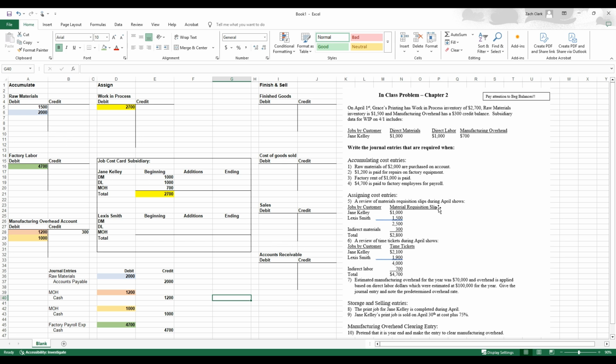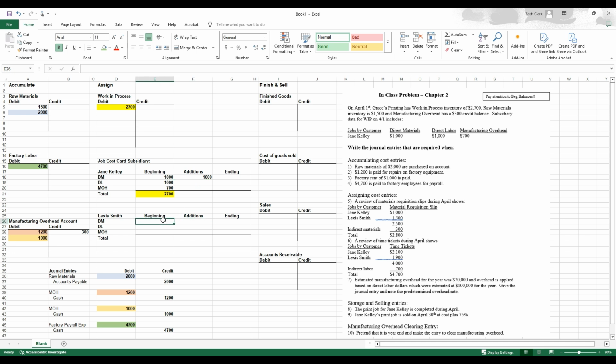To do that, we need to look at the materials requisition slip and the time tickets. The materials requisition slip is going to tell us how to move these raw materials and which jobs they apply to. So we can look down here and say, okay, we've got 1,000 to Jane Kelly's job and 1,500 to Lexus Smith's job. So materials additions, that's going to be 1,000 right here.